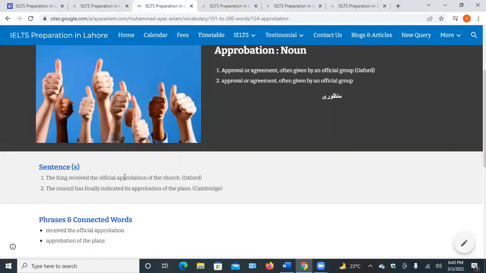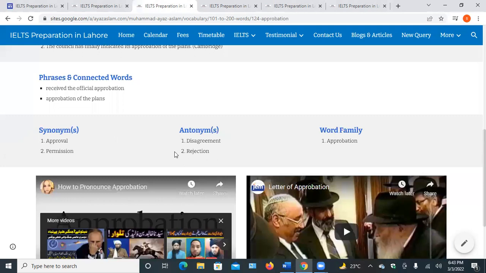Approbation means approval, acceptance, support. It means recognition. The second sentence is: The council has finally indicated its approbation of the plans. Synonyms are approval, permission, acceptance, respect, praise. Antonyms are disagreement and rejection.